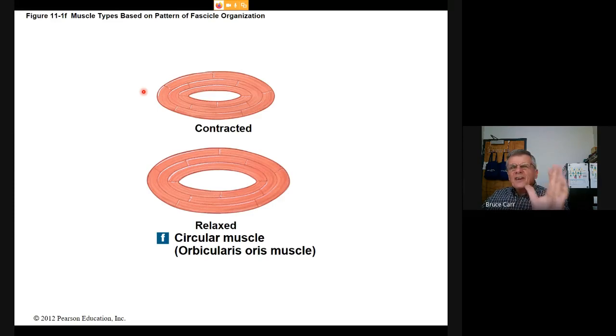Now, the idea of an antagonist is well illustrated here because there are muscles that run to the maxilla, to the zygomatic, and down to the mandible in various locations to allow us to spread our mouth, pull it open these ways, lift our upper lip, depress our lower lip.